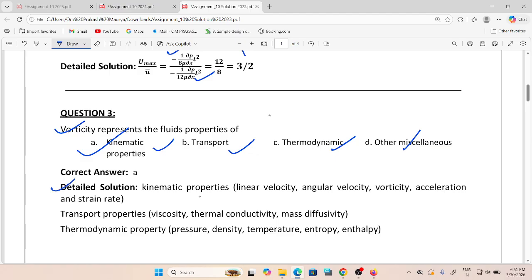Kinematic properties are linear velocity, angular velocity, vorticity, acceleration, strain rate. Transport properties are viscosity, thermal conductivity, mass diffusivity. Thermodynamic properties are pressure, density, temperature, entropy, enthalpy.